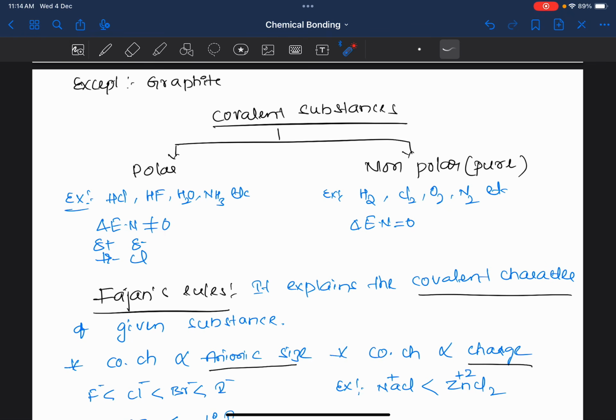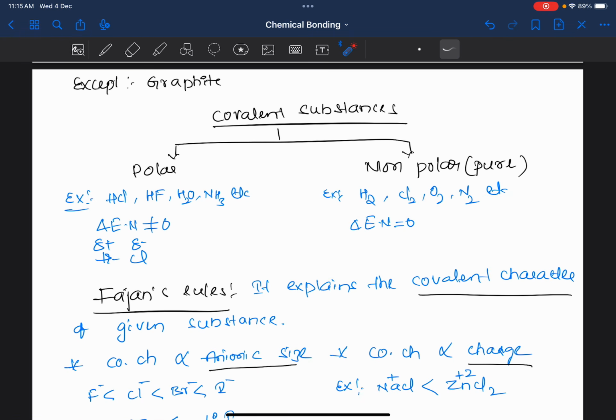And two opposite poles of substances are called polar substances. One atom possesses partial negative charge and the other atom possesses partial positive charge. Next, non-polar substances. A non-polar substance is also termed a pure covalent compound, and these are also said to be homonuclear atoms.